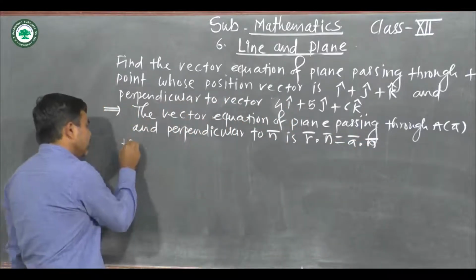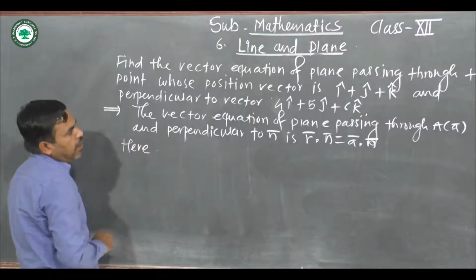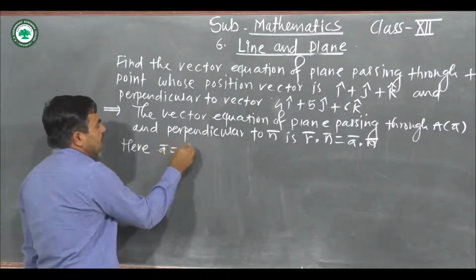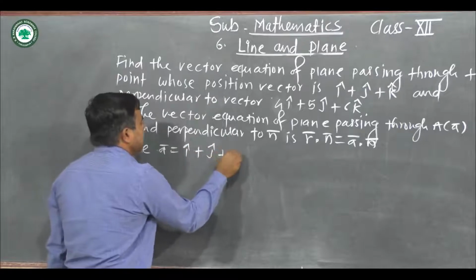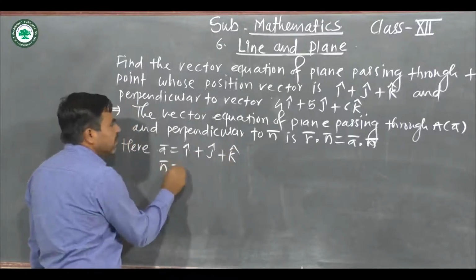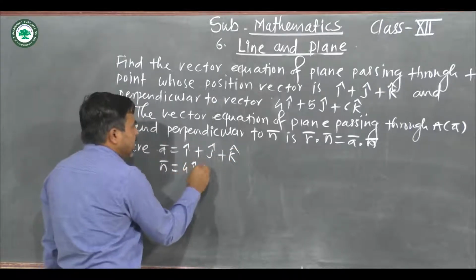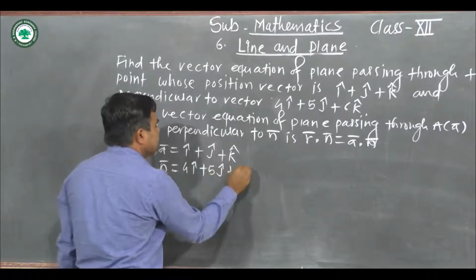Now here, a bar is equal to i cap plus j cap plus k cap, n bar is equal to 4i cap plus 5j cap plus 6k cap.